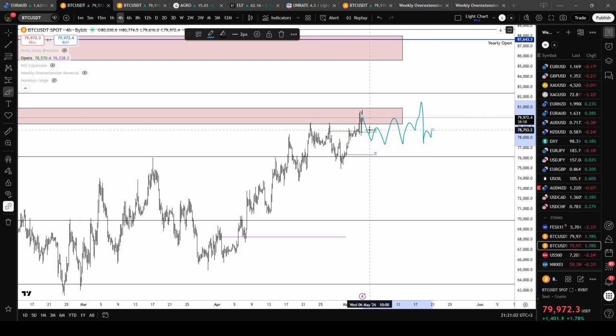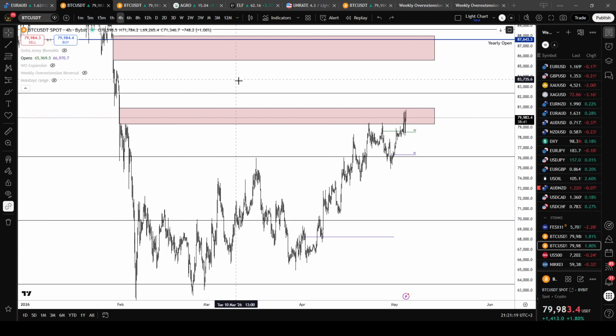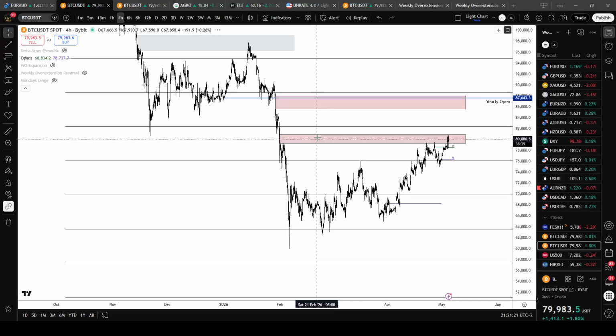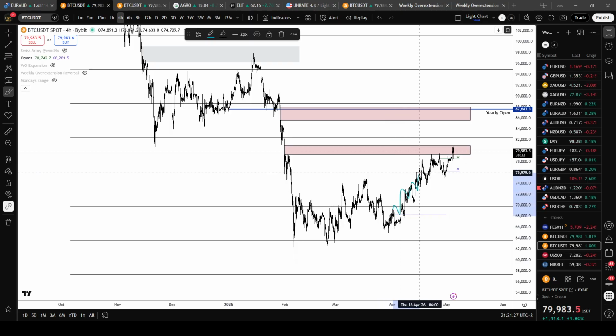Maybe then you could look at this and identify this as distribution, momentum shifting, and probabilities for price to move lower increasing. But if you compare it with other price action, all this move looks more like a slow grind higher than this here.